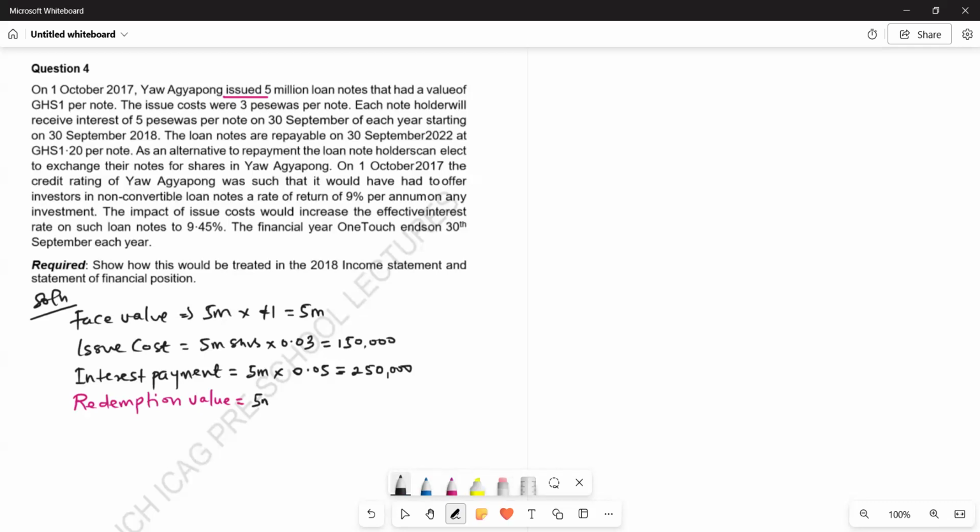So that will be 5 million notes at what? 1.2 cedis per note. That will give us how much? About 6 million. Is that it? Yes, sir. Okay, it's correct. So that's the redemption value.